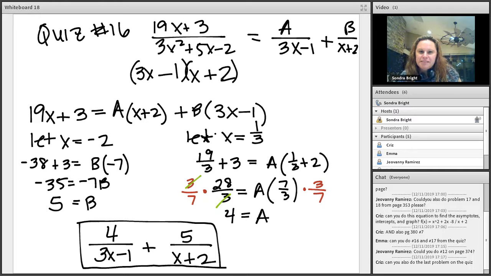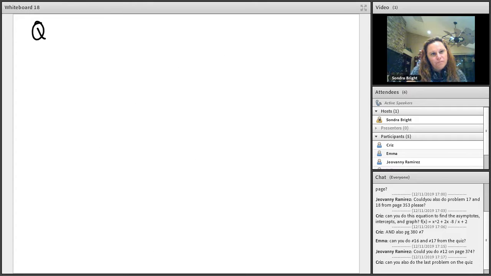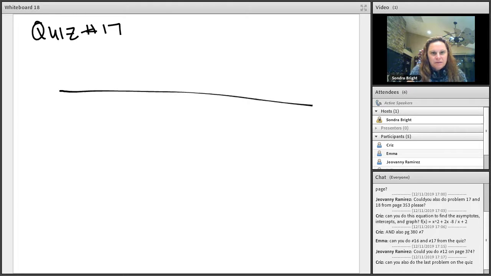All right, that was 16 on the quiz, now 17 on the quiz. I'm going to attempt to draw this. We got zeros at negative 3, at negative 1, at 0, also at 2.